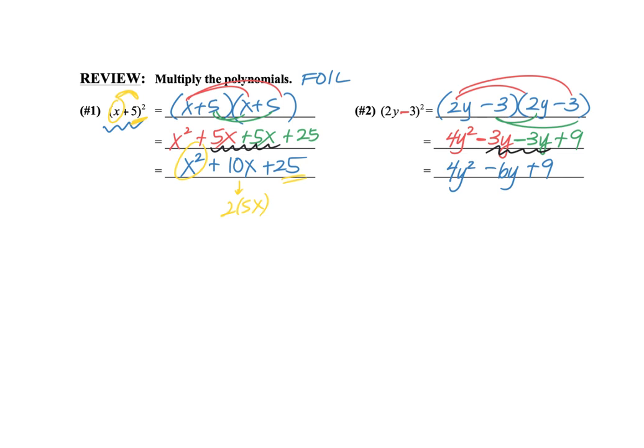And again, there is a connection here. That 2y, when I square 2y, I get 4y squared. When I multiply those two things together, that gives me a 6y. Oh, did I screw this up? 2y times 3. You guys, and nobody was here to tell me. I'm sorry.